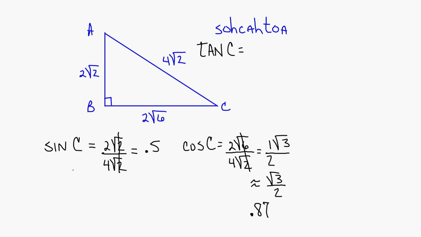Tangent is opposite over adjacent, so we've got 2 radical 2 divided by 2 radical 6. The 2's out in front cancel out. Radical 2 over radical 6 becomes the square root of 1 over the square root of 3.